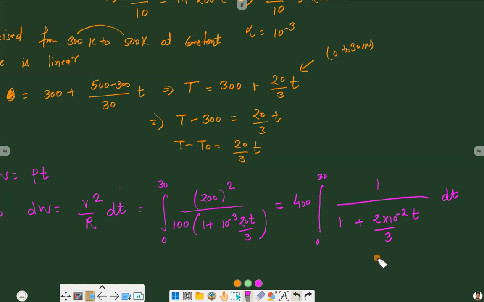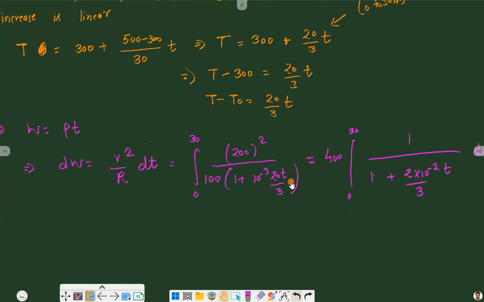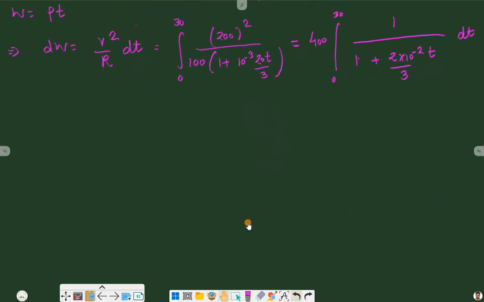Now again it can be solved, as we can take this whole value common and simply take its integral in the ln form.